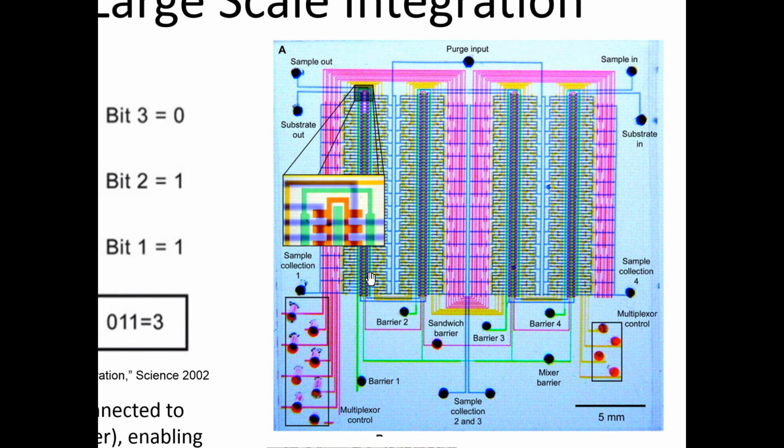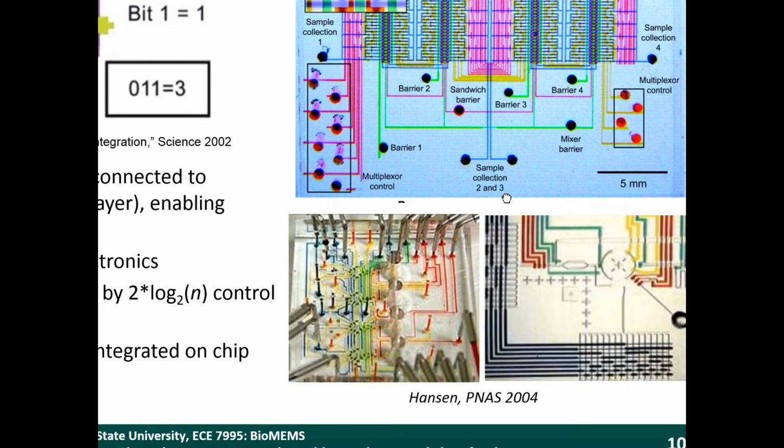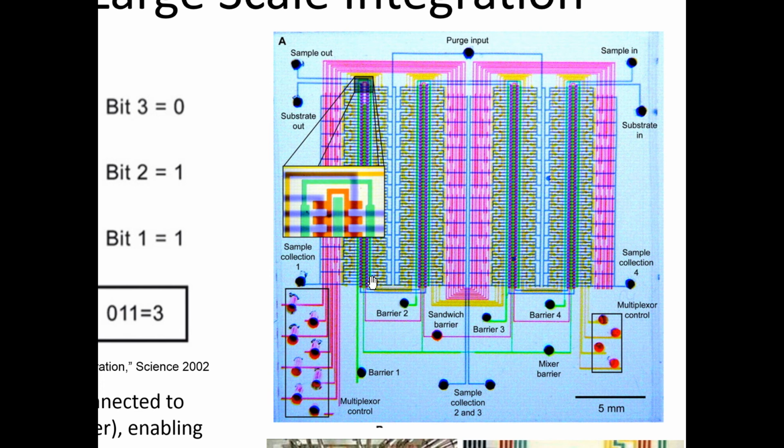The valves were controlling the sample that went into a chamber and when it was released by the chamber. In this device, I don't remember the number right now, but it was probably more than 1,000 individual chambers that could be sealed off by valves using the multiplexer approach.